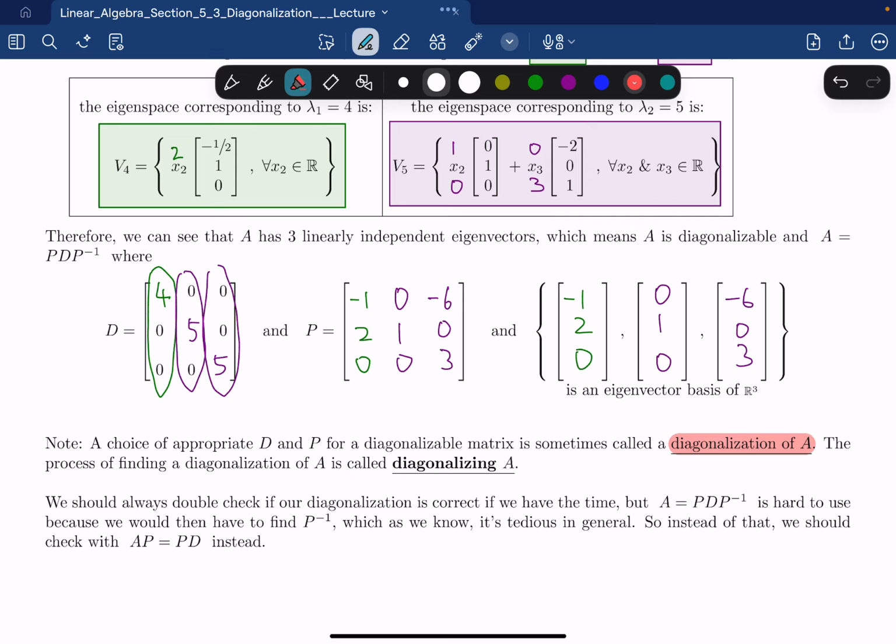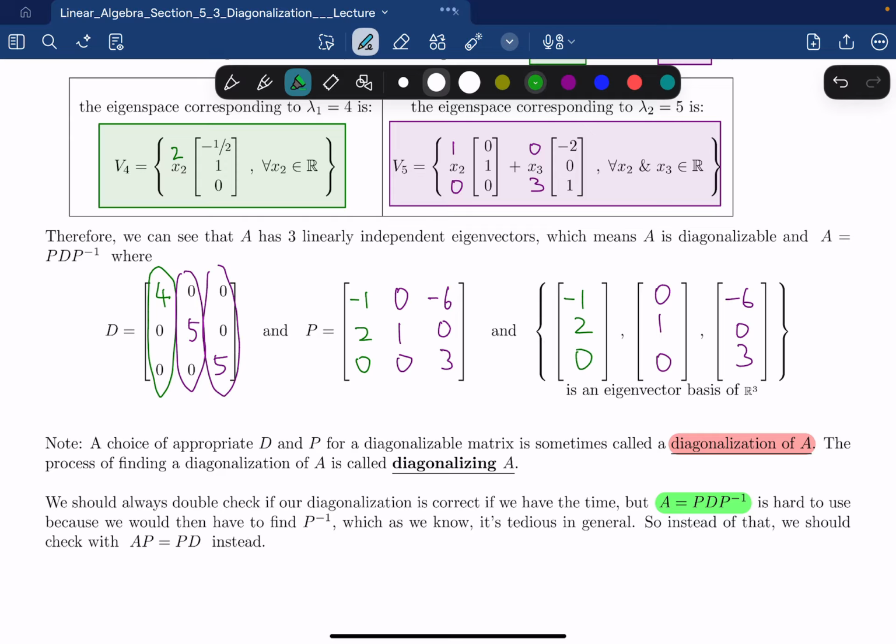Okay, now the last thing you should be doing, since this is still relatively new, is after finding this diagonal matrix D and the invertible matrix P, you should double check. Theoretically, you should check that A equals PDP inverse. But this is harder because your P inverse is difficult to find, right?